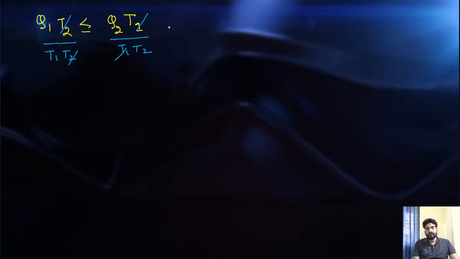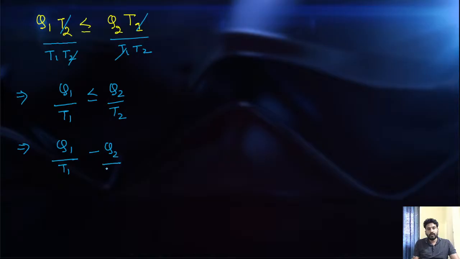And from this equation, I can write that Q1 over T1 is less than or equal to Q2 over T2. And I can write this equation as Q1 over T1 minus Q2 over T2 is less than or equal to 0.